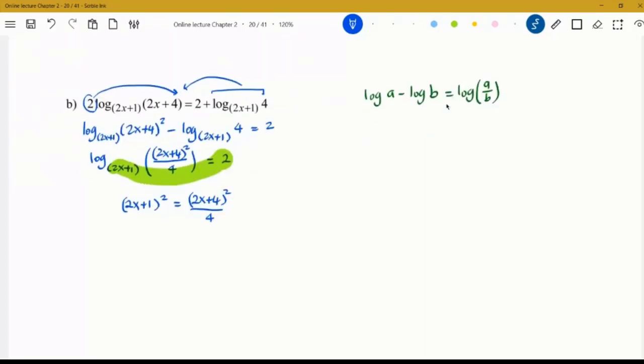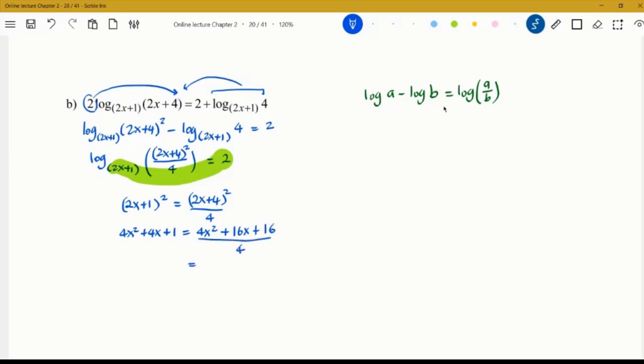And then we can simplify by expanding kiri dan kanan. So we're gonna have 4x squared plus 4x plus 1. On the right hand side we have 4x squared plus 2 times 4 adalah 8, 8 times 2 adalah 16x plus 16. And then the rest will be divided by 4.